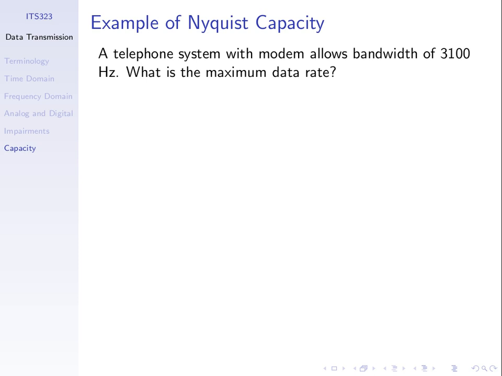Your dial-up modem only supported 56 kilobits per second. Why couldn't it go faster? Why couldn't your dial-up internet be faster? If you were to design a modem, what would you do to make it faster? Increase the bandwidth is one thing. What about another approach?